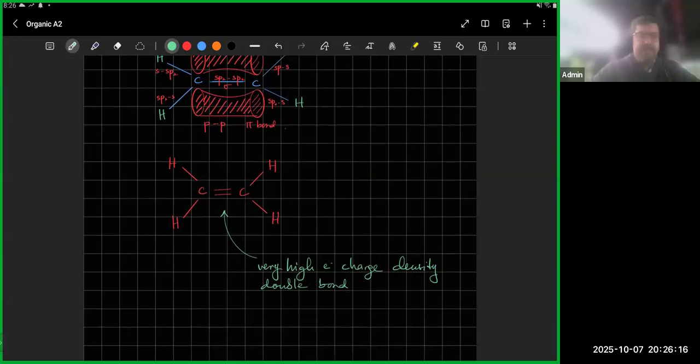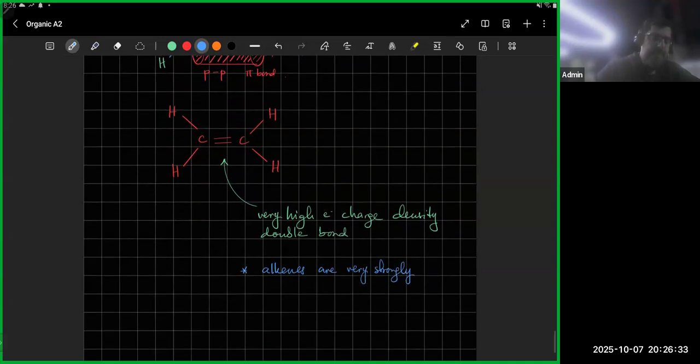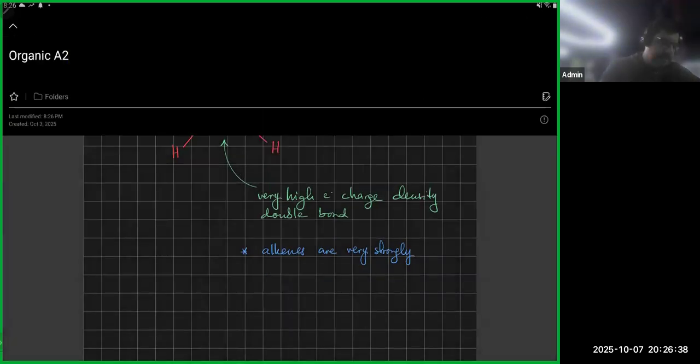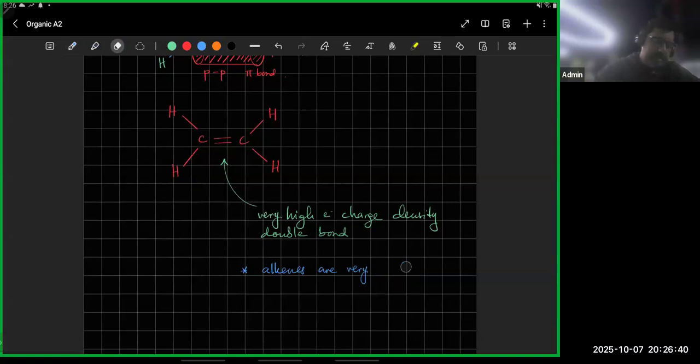So who gets attracted to electrons? Electrophiles get attracted. So the thing is, alkenes, I mean, they attract very, so let's reverse that. Alkenes strongly attract electrophiles.